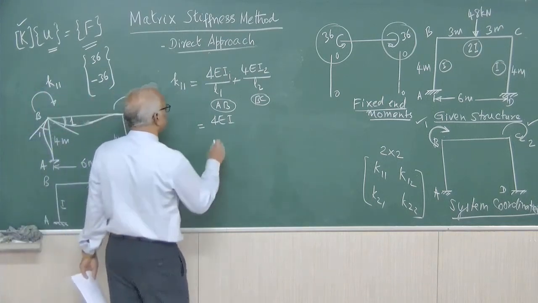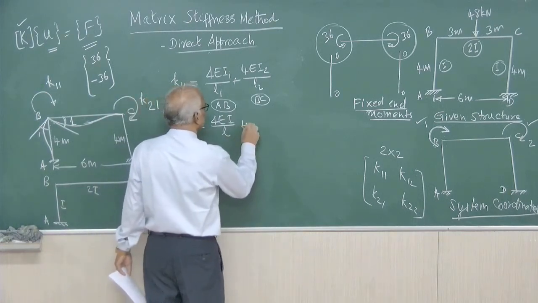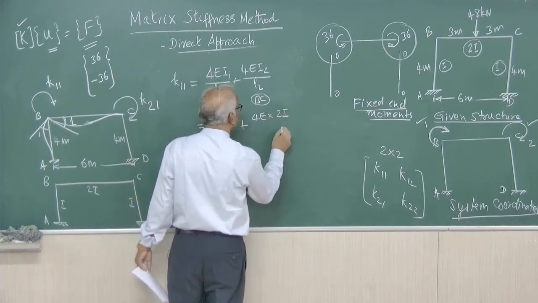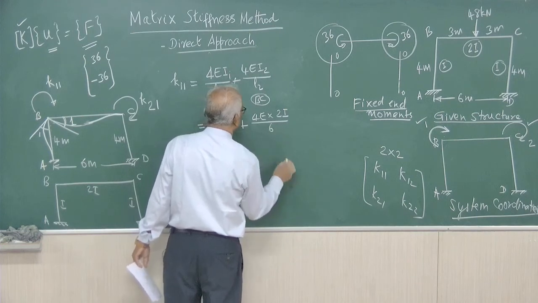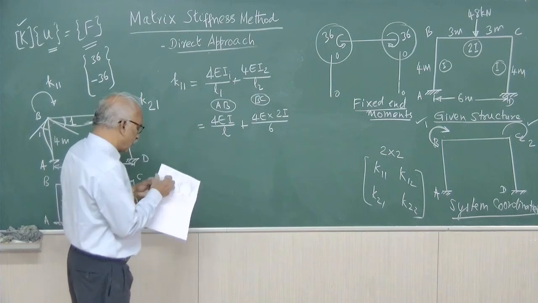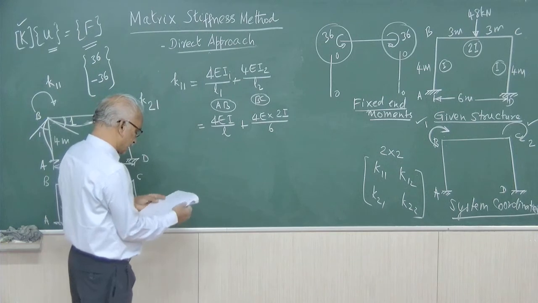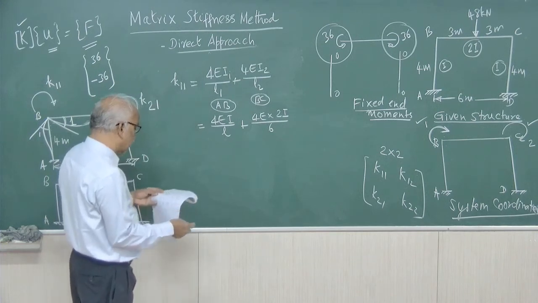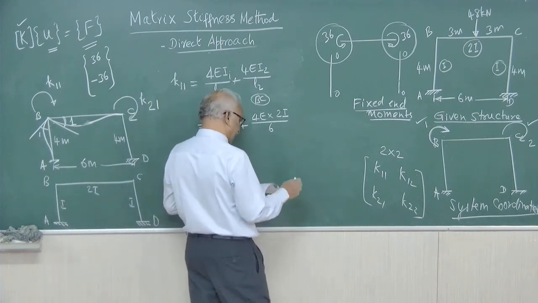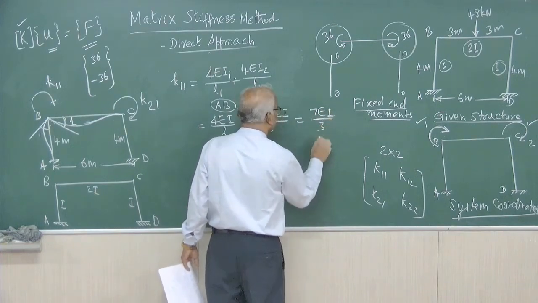So 4EI by L for the column. For the beam, it is 4E into I2 is 2I, 2I by L2, L2 equal to 6 meters. Now, on simplification, let us avoid the simplification work. Finally, it is 7EI by 3. It is 7EI by 3, that is K11.